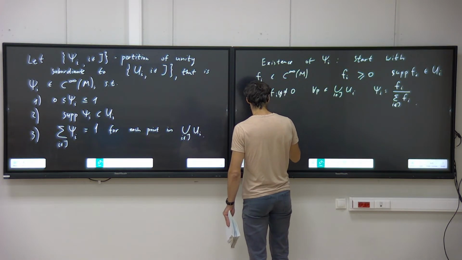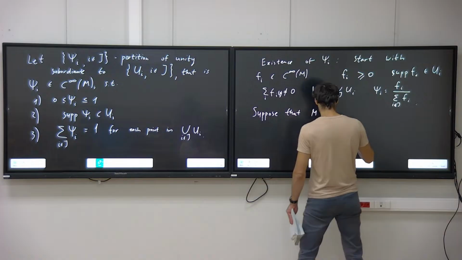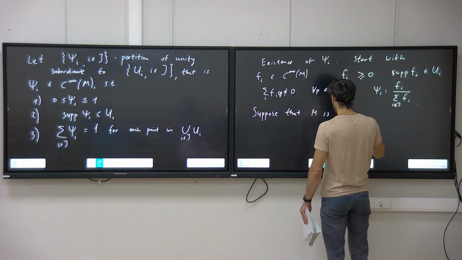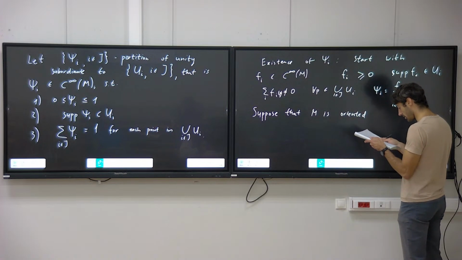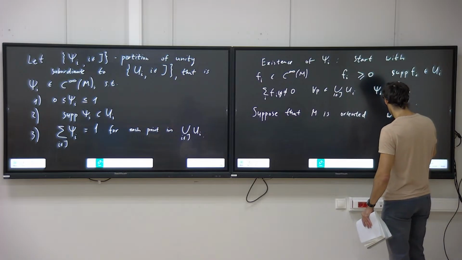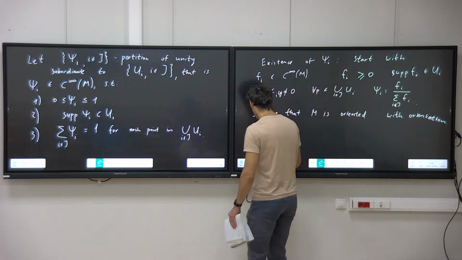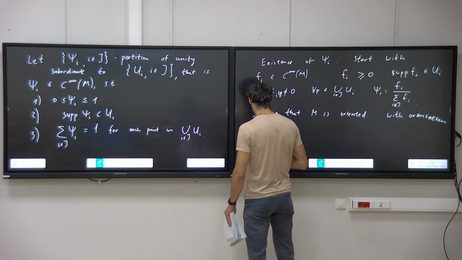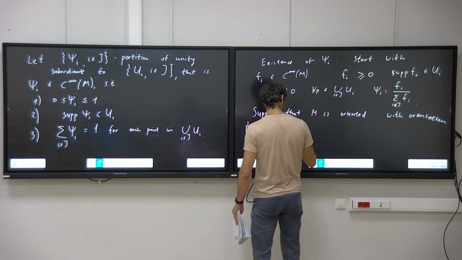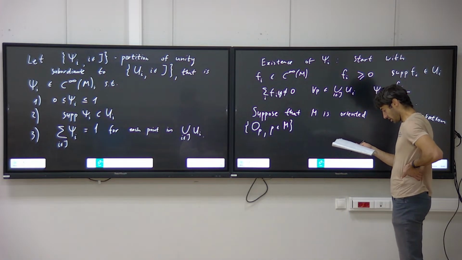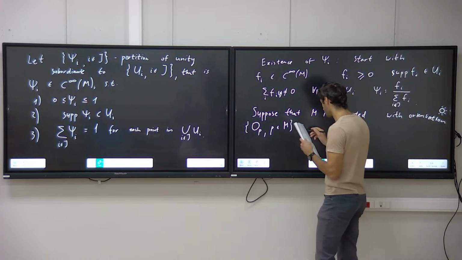So suppose that M is orientable and we pick an orientation, so M is oriented, with orientation denoted as before O P, where P runs over all points in M.